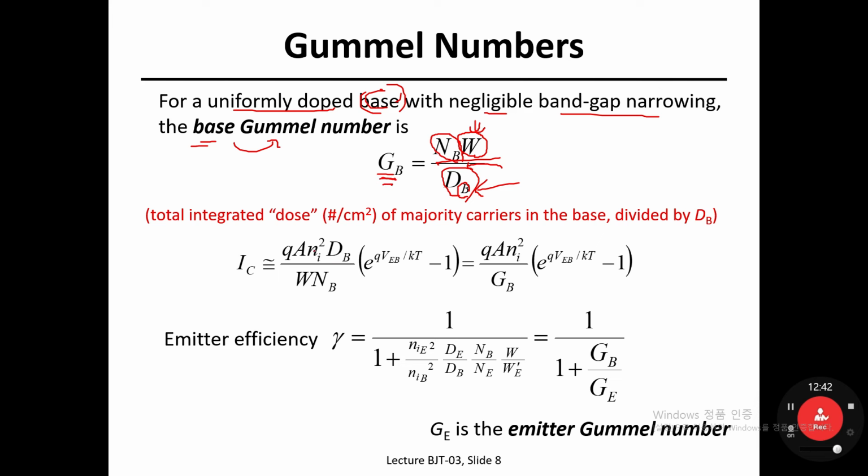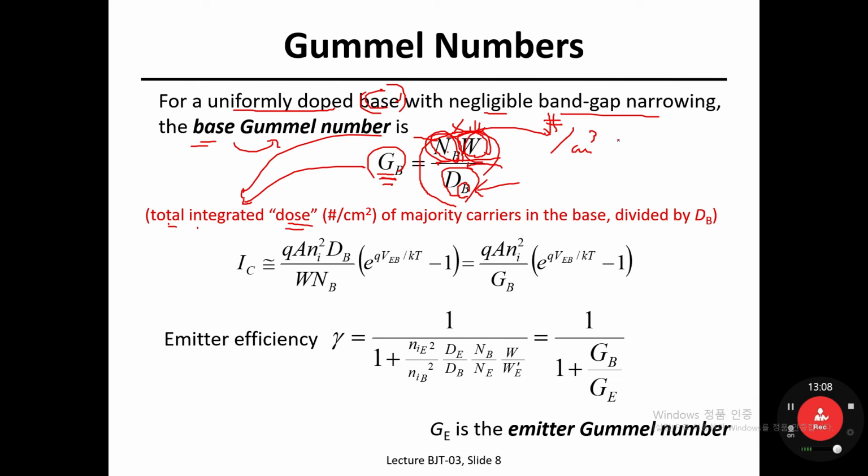Okay. So if I do some interpretation of the physical meaning of this Gummel number, the answer can be found here. What does the Gummel number indicate physically? That means NB times W, a total integrated dose. NB is for unit volume how many dopant atoms are injected.